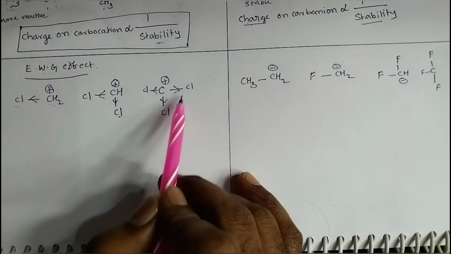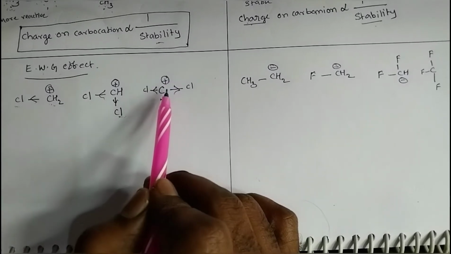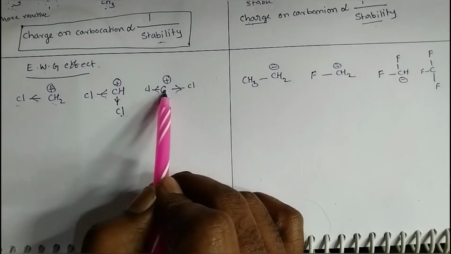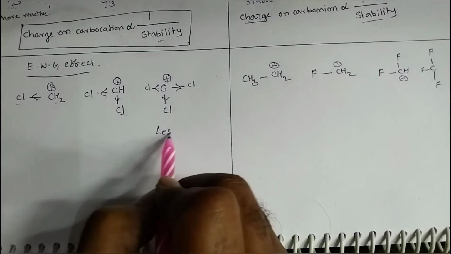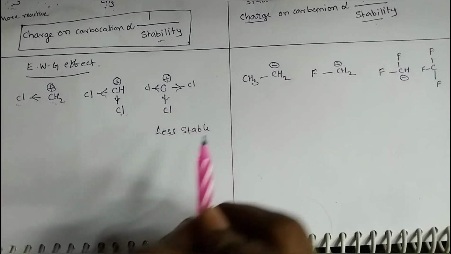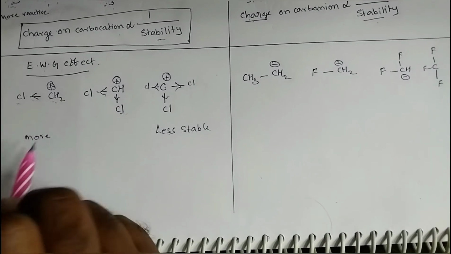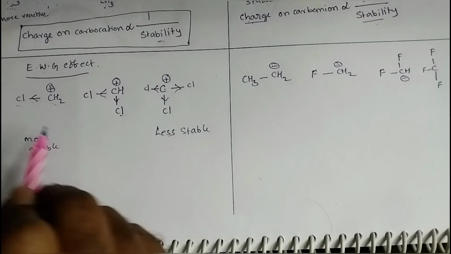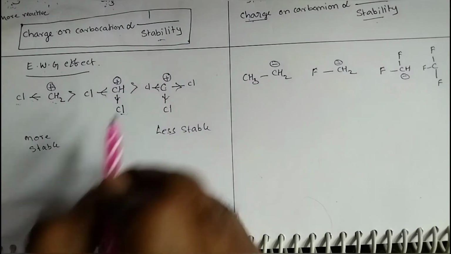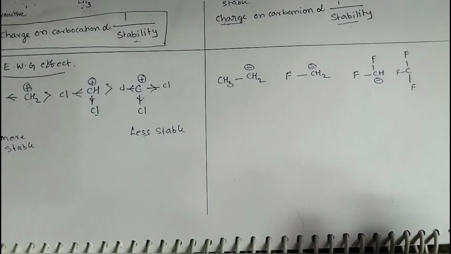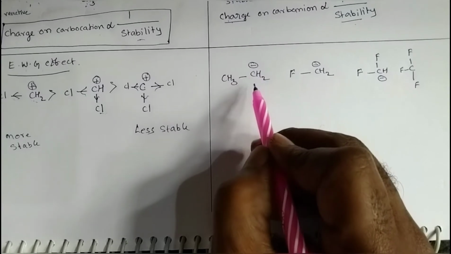Here three chlorine atoms withdraw electrons three times, so this carbon has more positive charge. More positive charge means less stable, and less positive charge means more stable. So the first one is more stable than the second, and the second is more stable than the third.